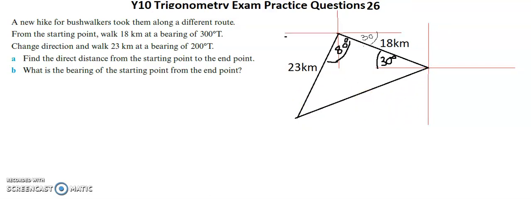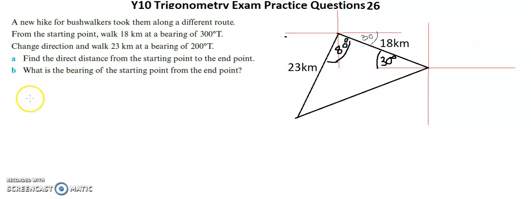Straight away I can see I've got one full angle, and I've also got two sides. That assists me in finding my unknown by using the cosine rule.